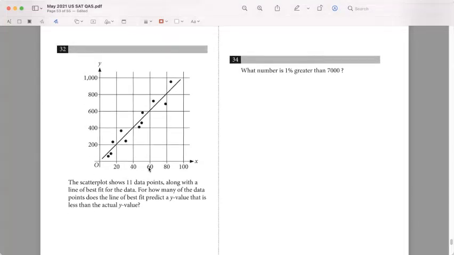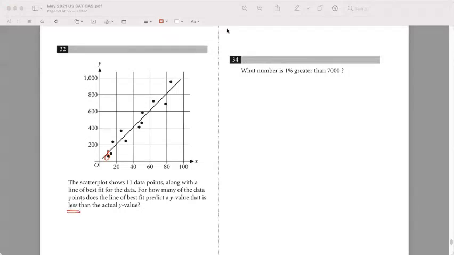32. The scatter plot shows 11 data points along with a line of best fit for the data. For how many of the data points does the line of best fit predict a y value that is less than the actual y value? So let's say this point, right? For this point, the y value predicted by the line of best fit is higher than the actual value, right? So I need to look at less.